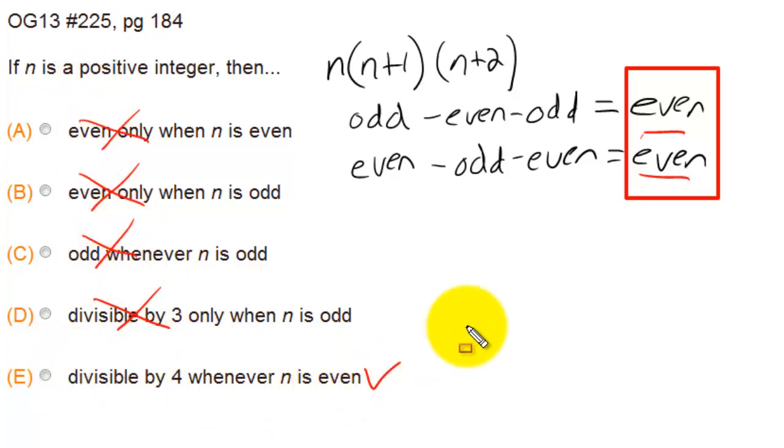Now the reason why 4 is correct is, if n is divisible by an even number, meaning 2, then that would also mean that n plus 2 is also divisible. So if you multiply those two together, that would effectively give you a 4, and you can say it's divisible by 4, and that's why E works in this case.